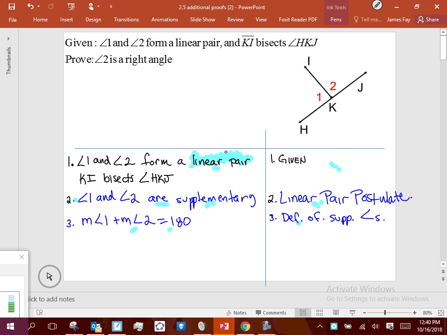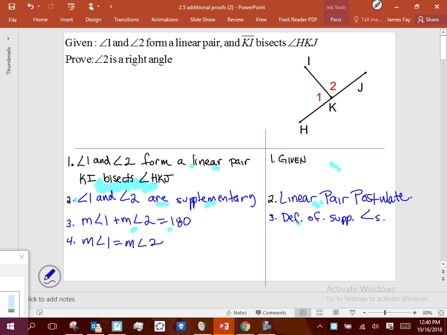Okay. So now, not exhausted that definition. But we've got another one, don't we? Bisects. Okay. So what's bisects provide me? If I look at my picture, what's that going to tell me about some information up there? Absolutely. Measure of angle 1 equals the measure of angle 2.